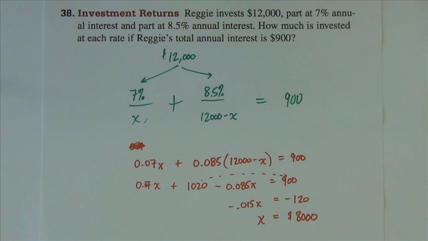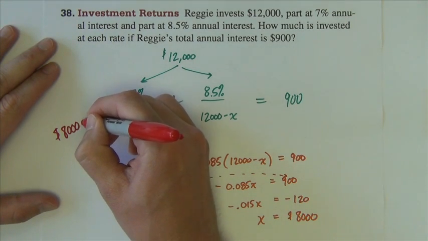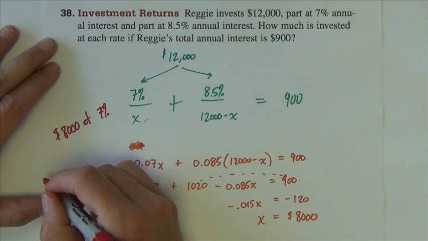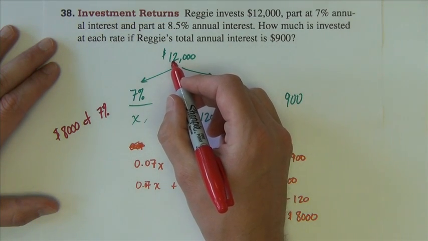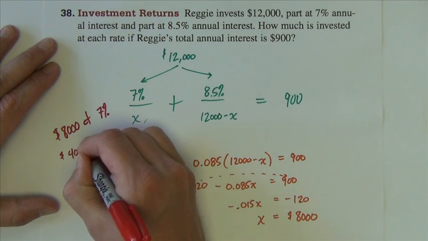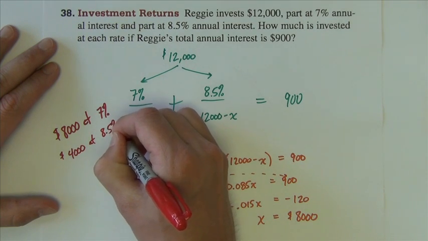The x that I just solved for belongs to the 7%. So he invested $8,000 at 7%. He only had 12, so if he put 8 here, he had $4,000 at 8.5%.